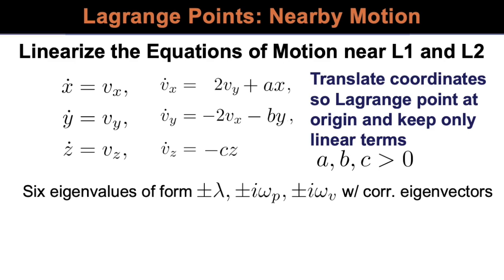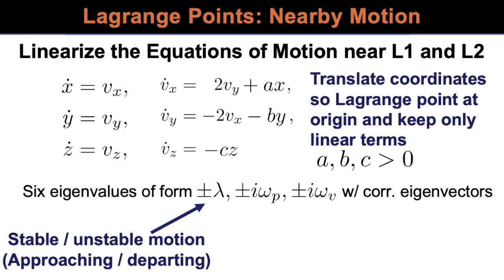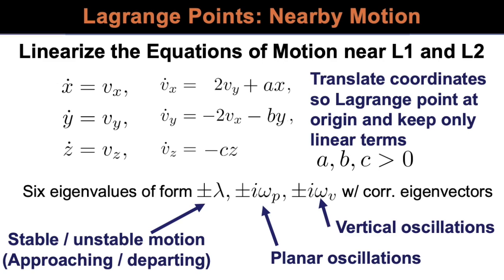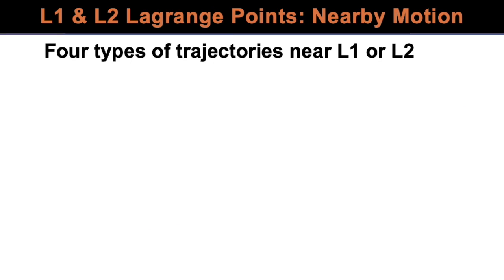We have 6 eigenvalues, and you'll notice there's a real pair, so plus or minus lambda. Because this is real, and we've got something in the right half plane and something in the left half plane, this relates to both stable and unstable motion, or approaching and departing dynamics from the equilibrium point. And then we have an imaginary pair that's related to planar oscillations, and another imaginary pair related to vertical oscillations.